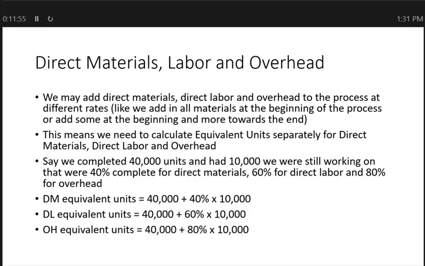They're added differently, and so we tend to want to calculate equivalent units separately for direct materials, direct labor, and overhead. Sometimes you'll see direct labor and overhead combined together, called conversion costs, but it's the same idea that we add materials and add labor and overhead in a different way, and so we could have a different amount of work done.